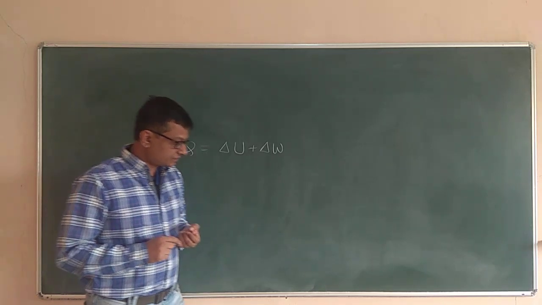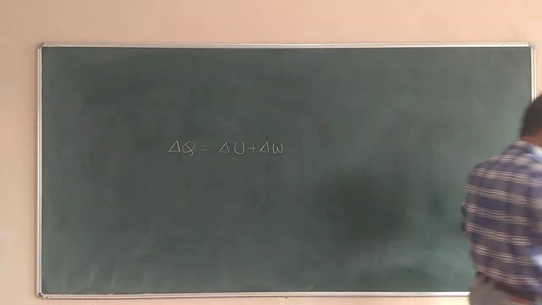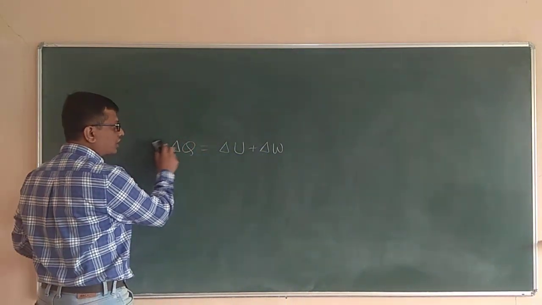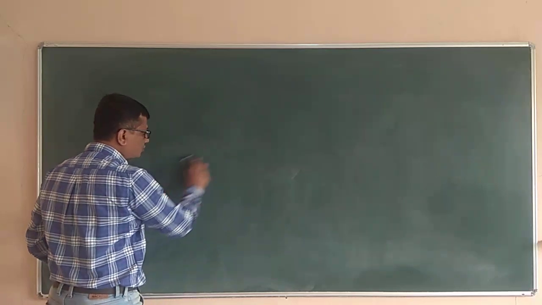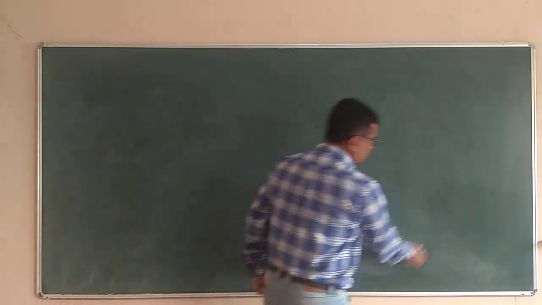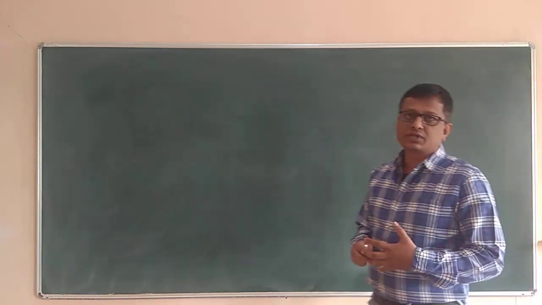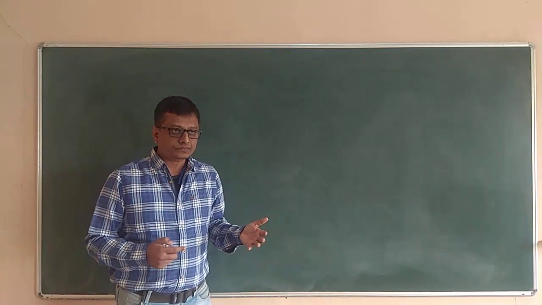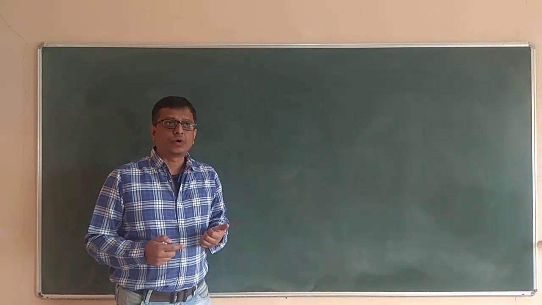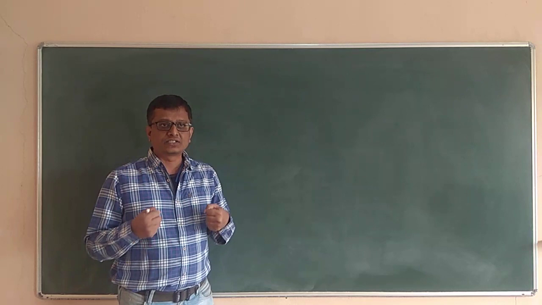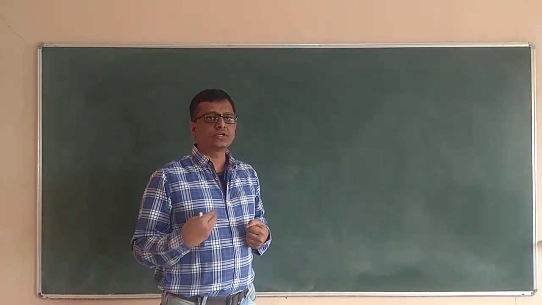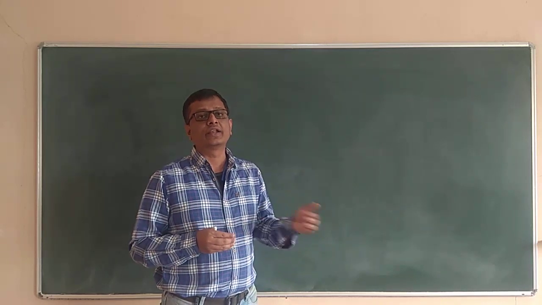Now in this lecture we are going to see the application of the first law of thermodynamics to an open system, or flow system. In a closed system, no matter can cross the boundary, so there was only one interaction between the system and the surroundings, that is the energy interaction.